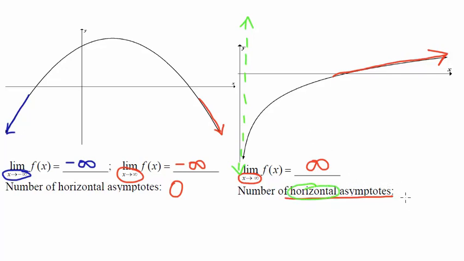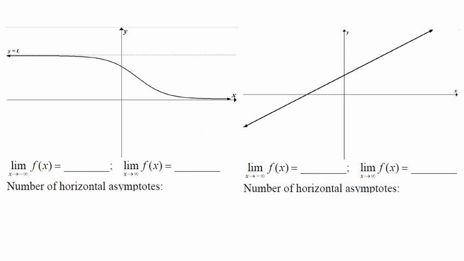So there are no horizontal asymptotes, so I'm going to put a 0 there. And lastly here, if I go to the left, this is saying left, I'm getting really, really close to this L here, so I'm going to put that number.